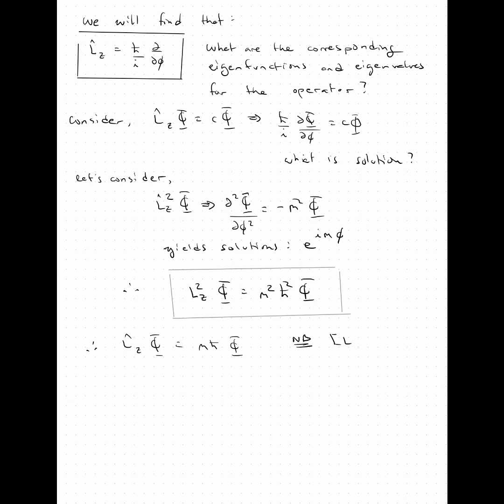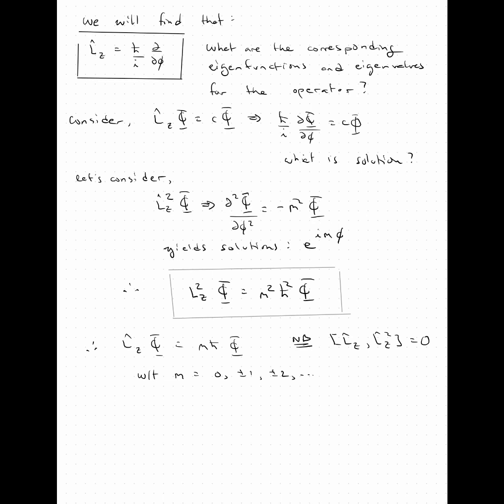That is, Lz and L squared commute. And here m can take on values of 0, plus or minus 1, plus or minus 2, and so on.